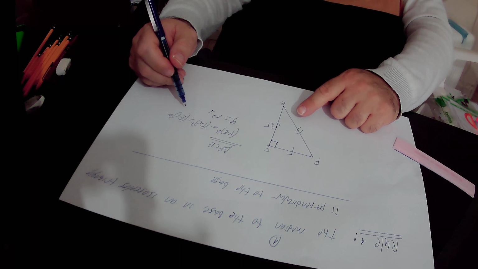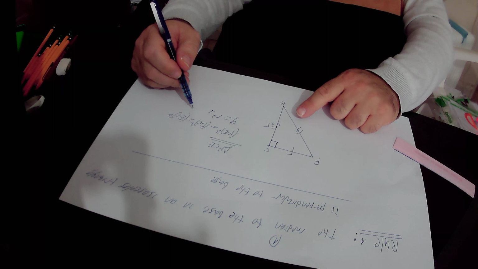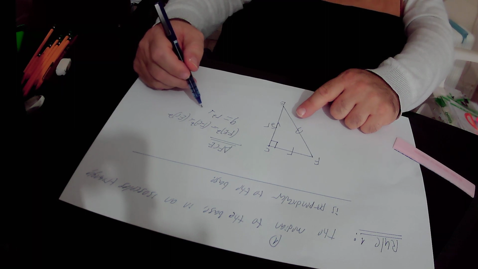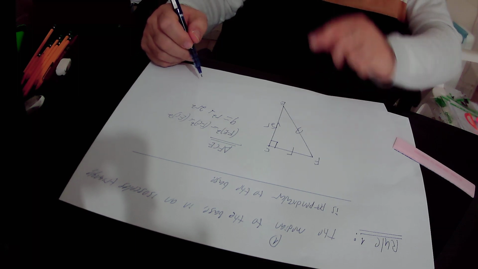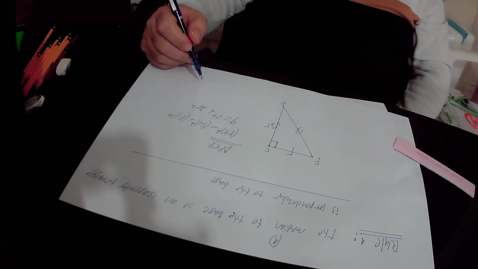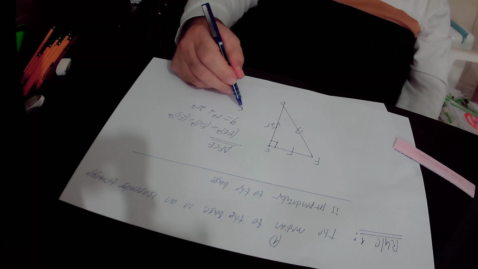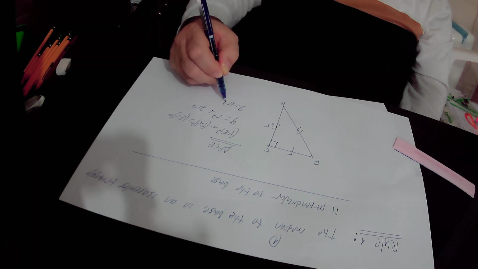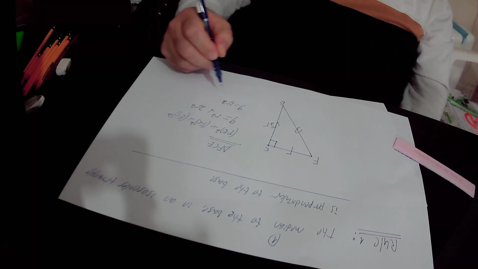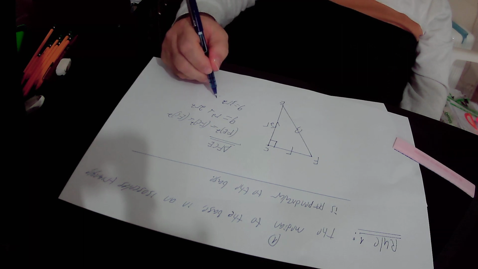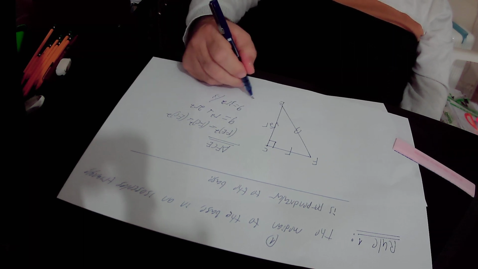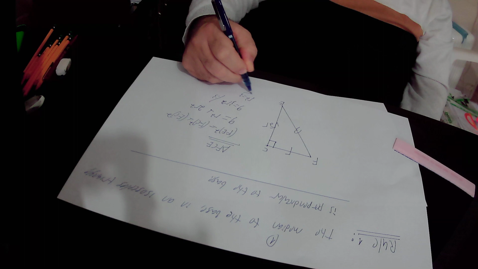EC is square root of 2R, so EC squared will be equal to the square root of 2R squared, that is actually 2R squared. So we found out that 9 equals R squared plus 2R squared. R squared plus 2R squared is 3R squared. So we got that 9 equals 3R squared. We divide this equation by 3, and we get that R squared equals 3.